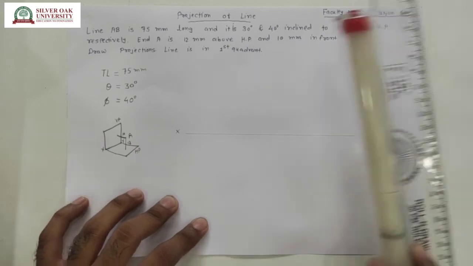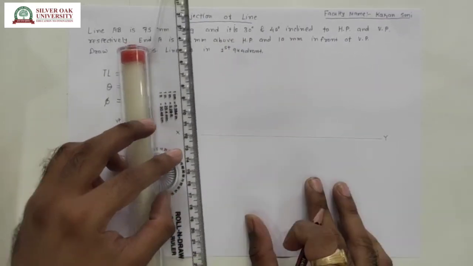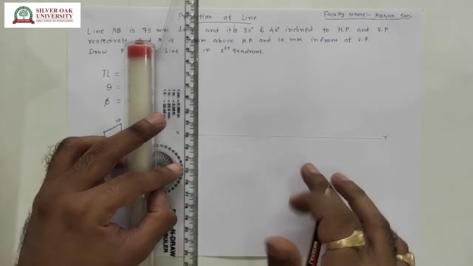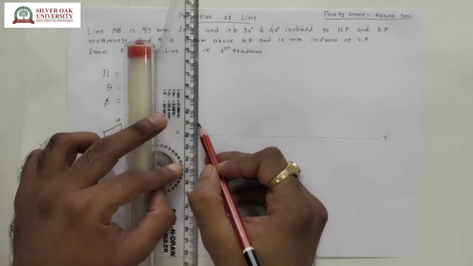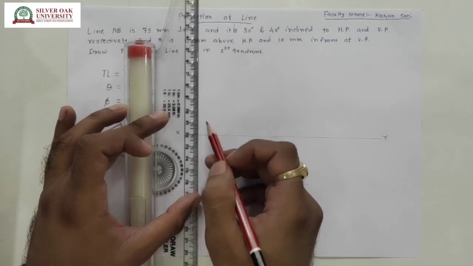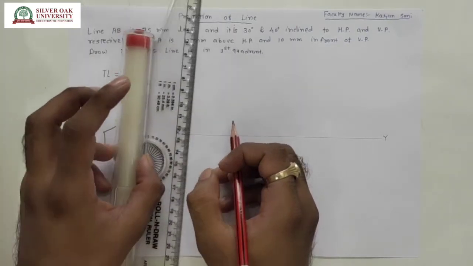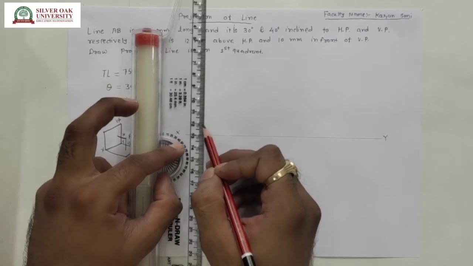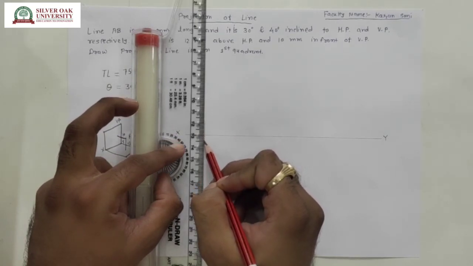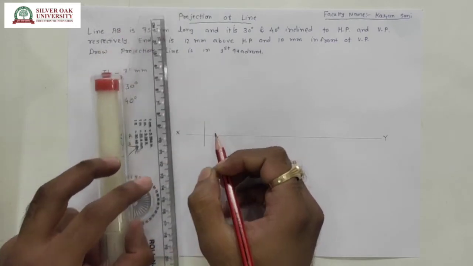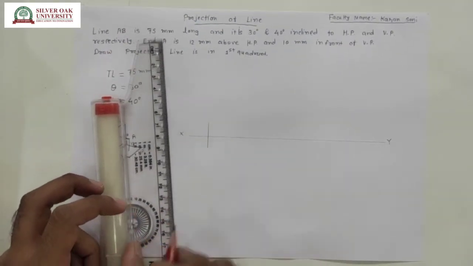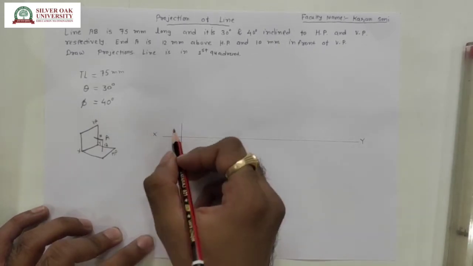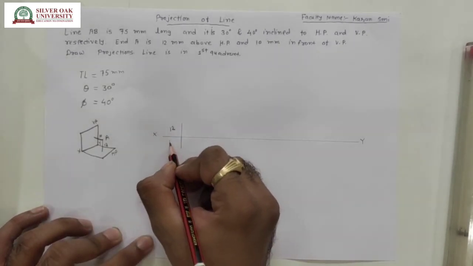So we plot 12 mm above the XY line because that is the front view, and 10 mm below the XY line, which is the top view. So this is 12 mm and this is 10 mm.